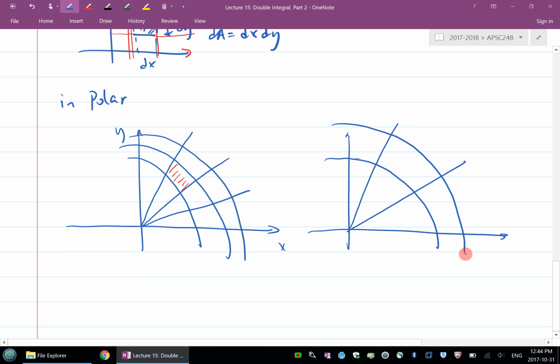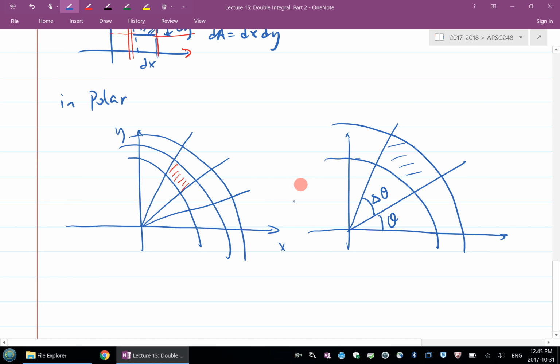Okay. So suppose this is the one that we're looking at. Now I'm going to label something, just like a dx dy. The first radial line here has a theta value. The next one has a small change, delta theta.